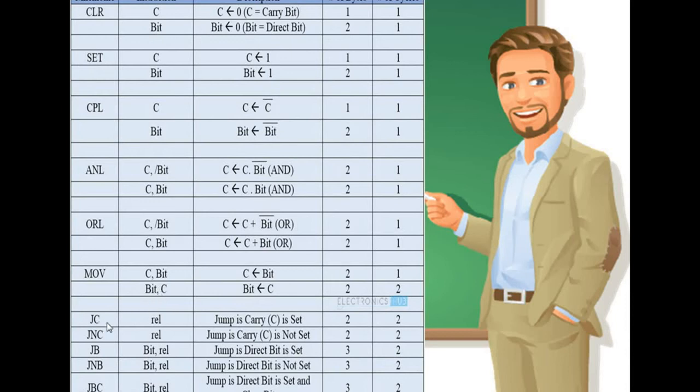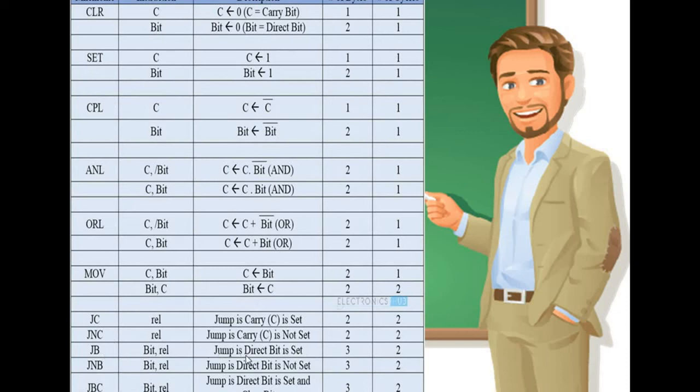Jump if carry: jump if carry is set. If there is a carry, then the carry flag will be set. Jump if carry is not set: if there is no carry, then jump to a particular instruction.